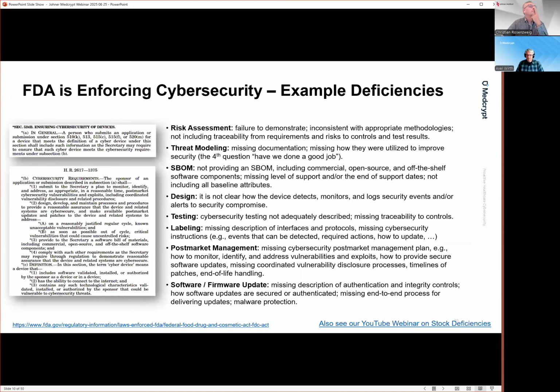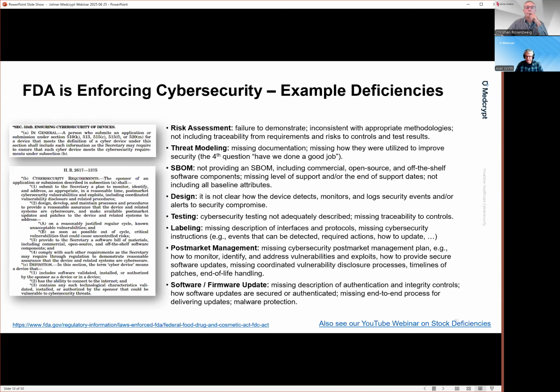This is a summary of our previous webinar, basically saying that it's not only the customers that look for more secure devices, it is also FDA and other regulators enforcing cybersecurity by, for example, rejecting devices for cybersecurity reasons, right?